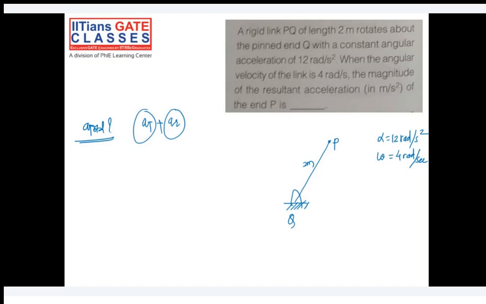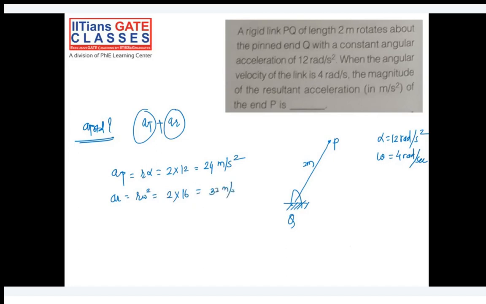No, 14.4 is not the correct answer. I'll help you in this. Tangential acceleration is r alpha. So it is 2 times alpha, 12, which is 24 meter per second square. Okay. Radial acceleration is r omega square. r is again 2, omega is 4, omega square is 16, which is 32 meter per second square.